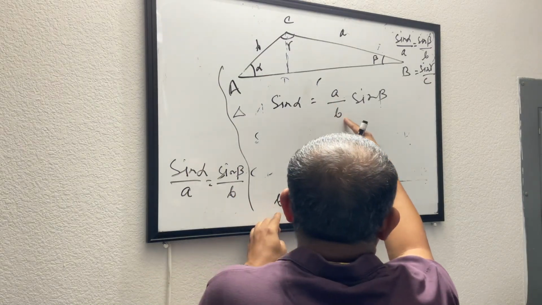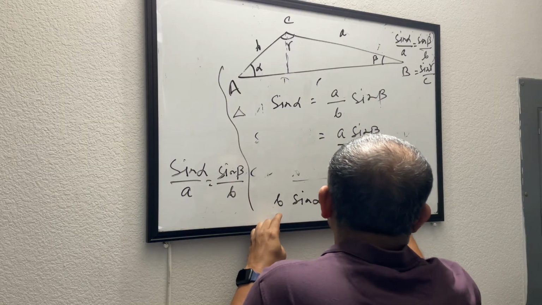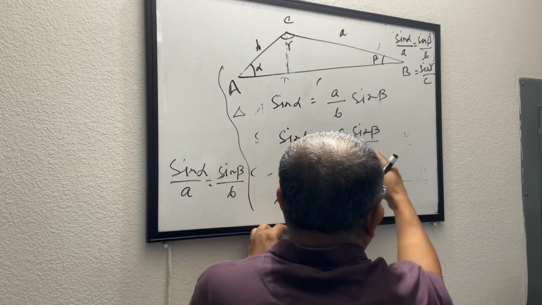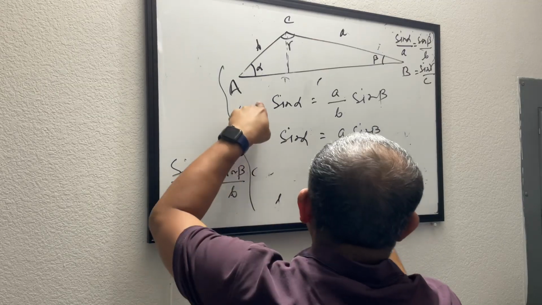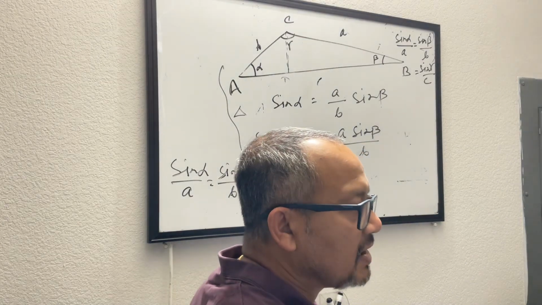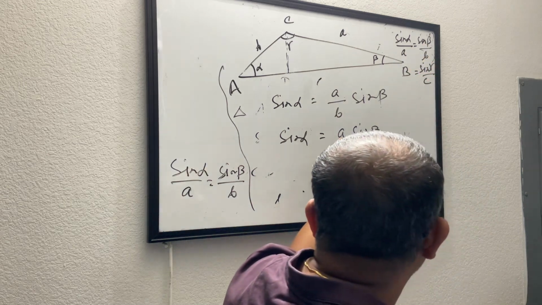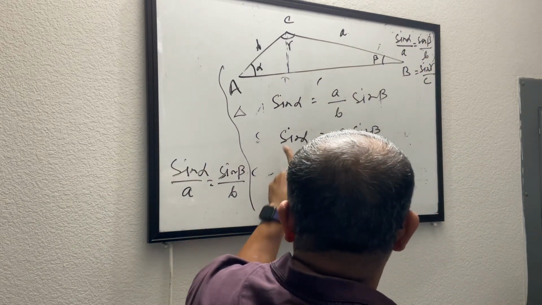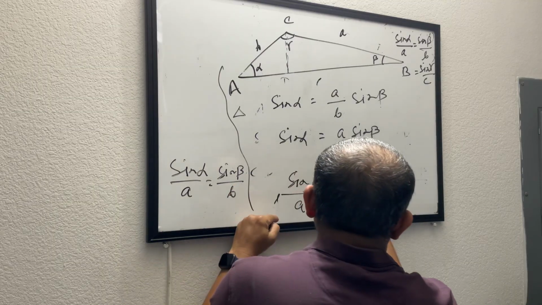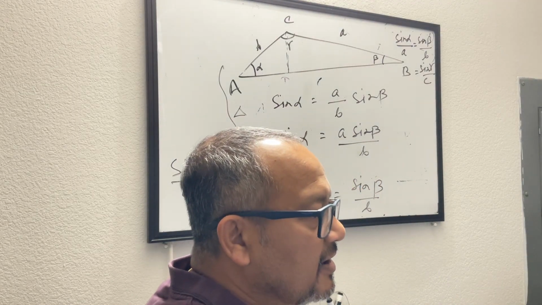So it became A by B, or sine of alpha equals A times sine beta by B. What I'm trying to do is keep sine beta by B, so I want to move A to the other side. This is a multiplication here. When it comes to this side, it becomes sine alpha over A equals sine beta over B. As simple as that. Okay, that makes sense. Yeah.